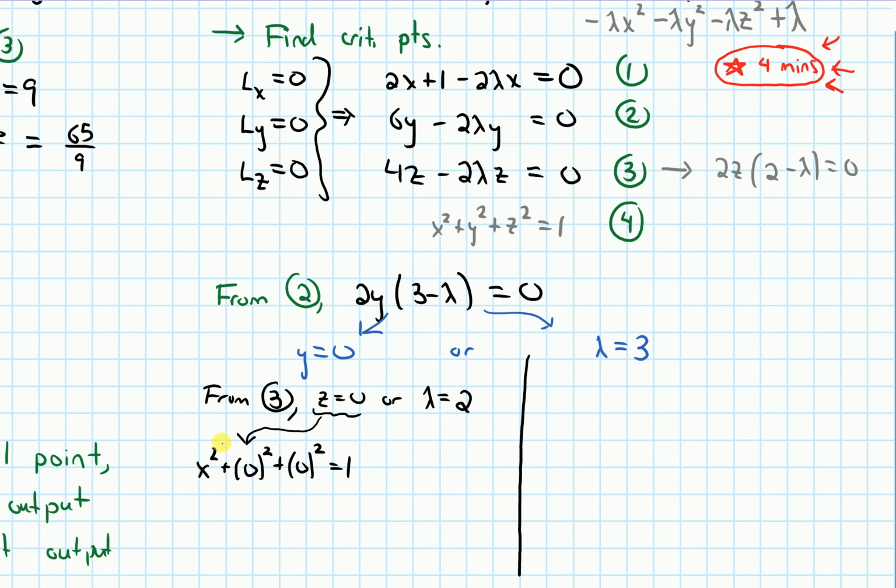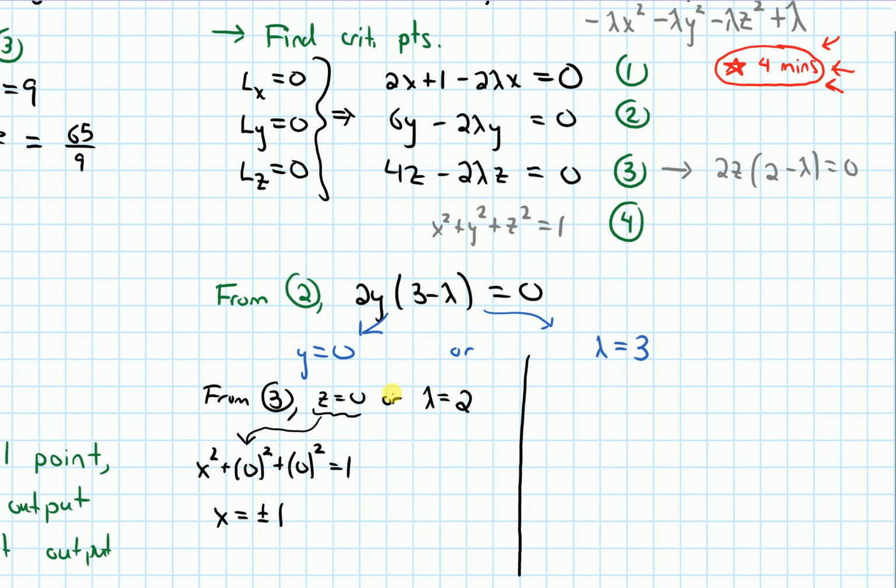And if I simplify this, we get x equals plus or minus 1. All right, so when z equals 0, we know the possible values of x. And at the start of this, we had what y was equal to. So at this point, we have the values of all of our variables.